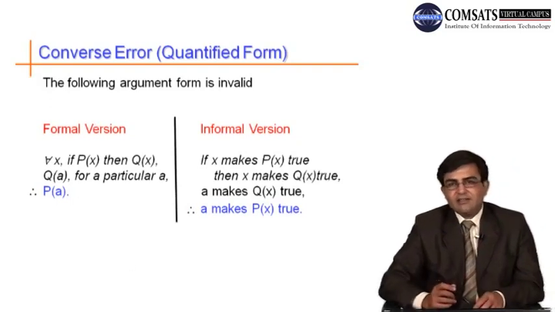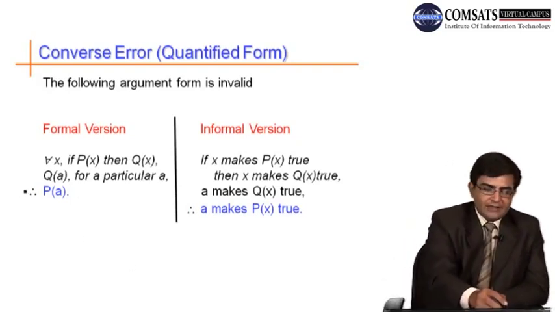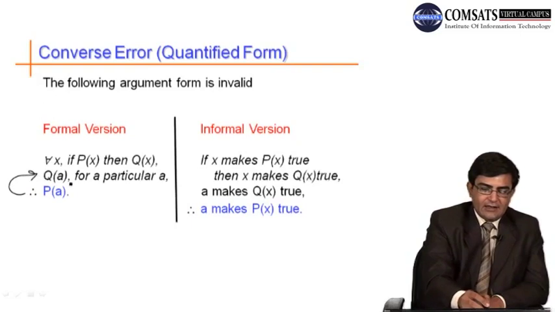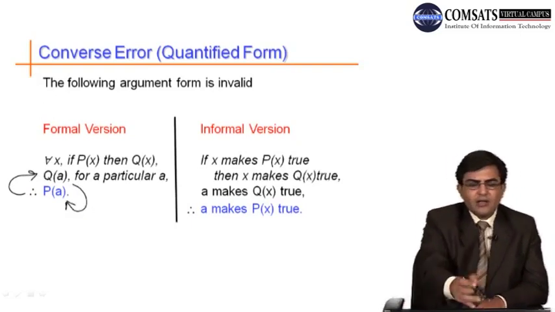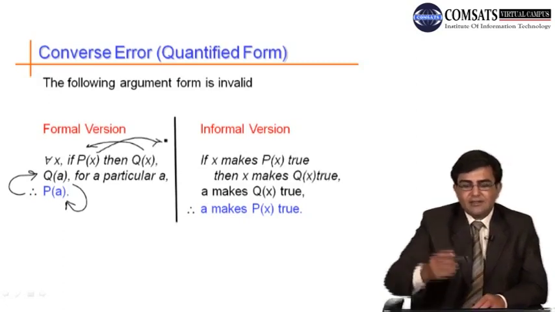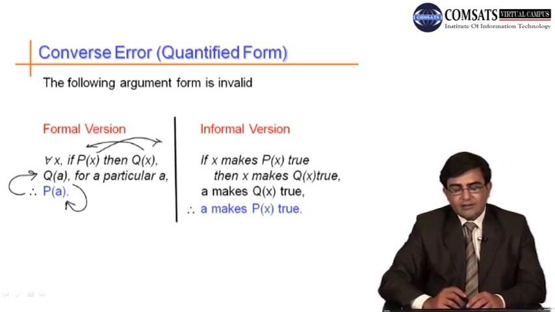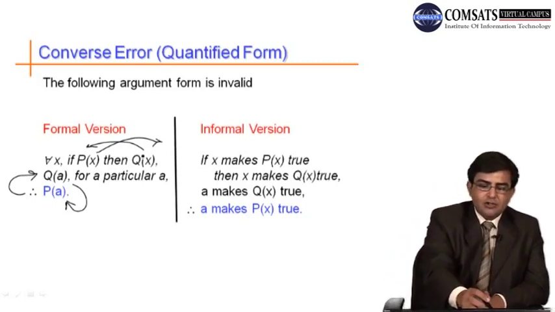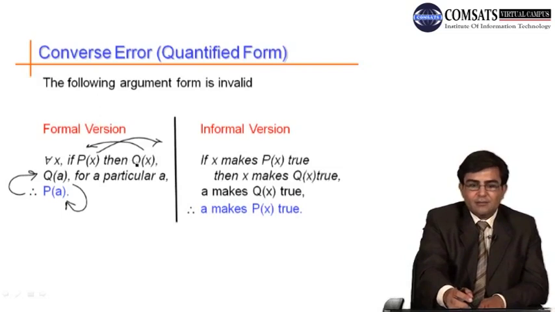This is the converse error, because we should take the converse of this statement, as we have discussed for the converse error of modus ponens. q of x must be here and p of x must be here.